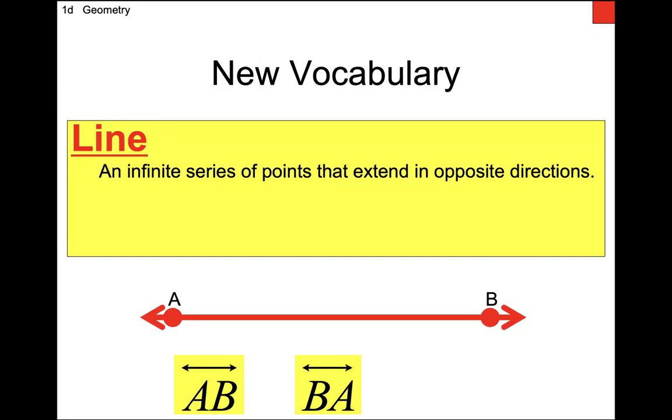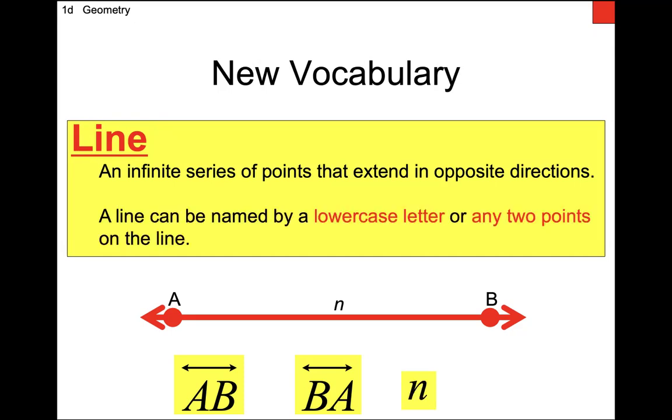Sometimes when we draw many lines, it would get very messy if we had to name them by 2 points every time. So a secondary way mathematicians name a line is to put a lowercase italicized or cursive letter somewhere directly above the line. Notice there's no circle there next to n. We're not saying there's a point n there. We're just saying that is line n.